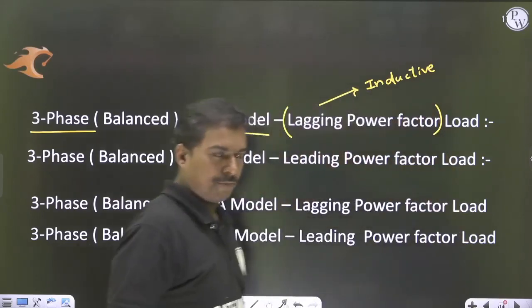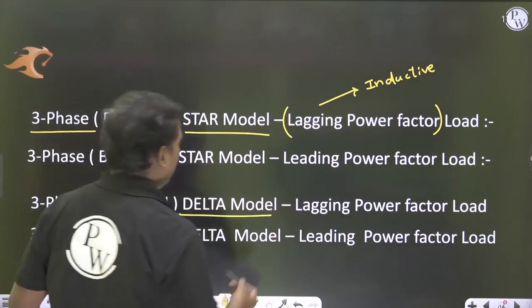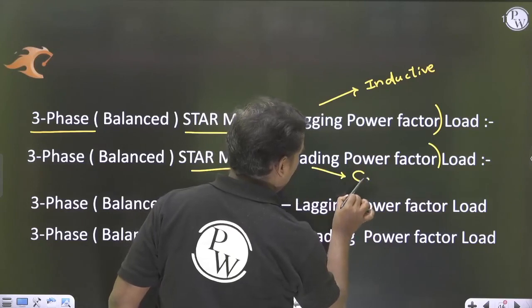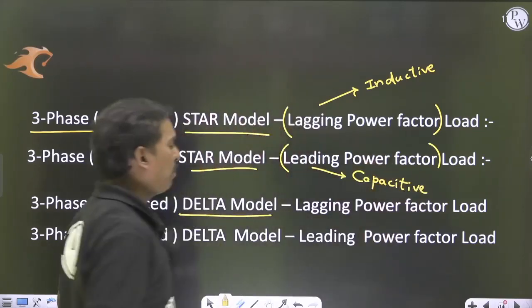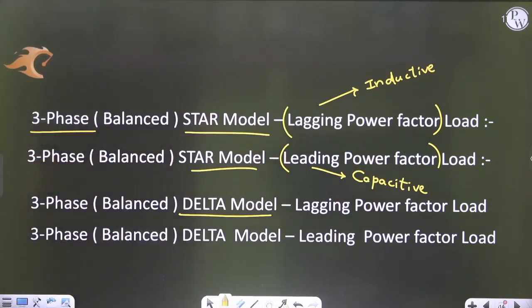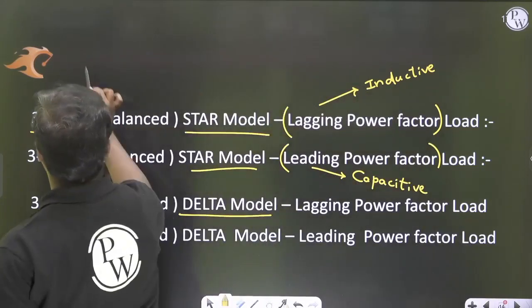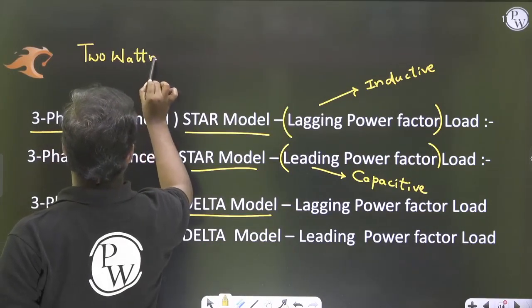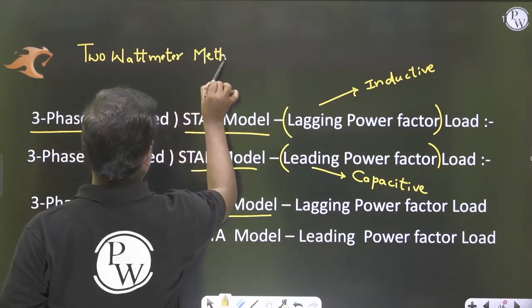Similarly, 3-phase balanced star model, leading power factor means capacitive load. Similarly, we can go with the delta model. Just in this class I will be explaining the different possibilities. So we can call these the 2 wattmeter method models.